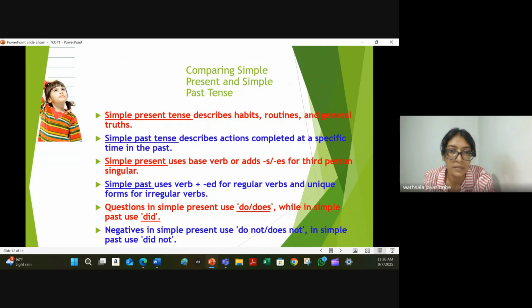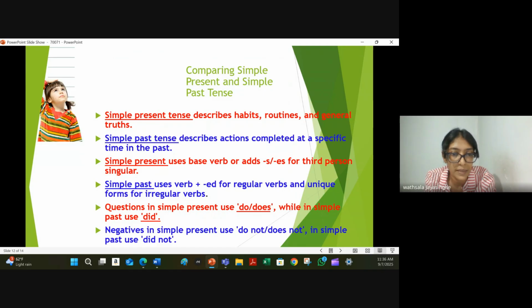Simple present tense describes habits, routines, and general truth. And simple past tense describes actions completed at a specific time in the past. Simple present tense uses the base verb or adds s or es for third person singular.